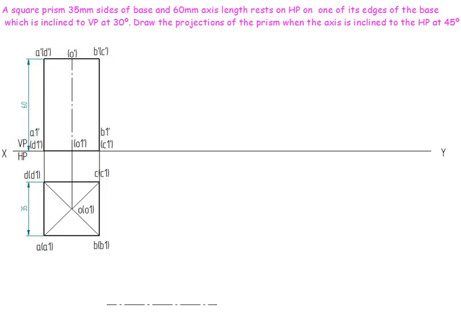So while drawing, what I do is, I am going to be drawing a 45 degrees line. The length from B to B1 is equals to 60. So I'll draw a line from B1, the length of the line is 60, angle is going to be 45 degrees, 45 degrees to HP.